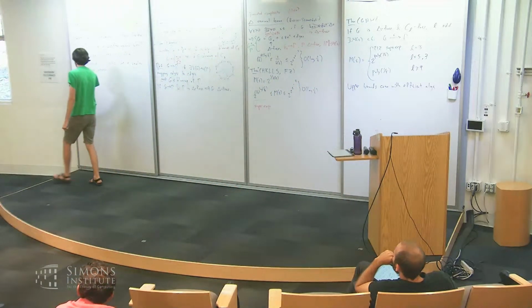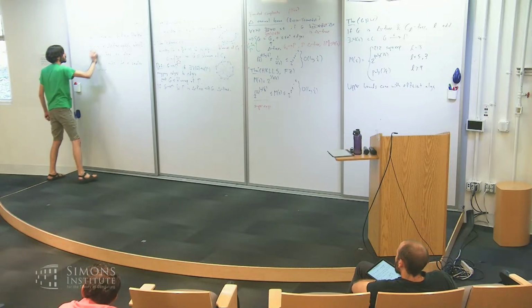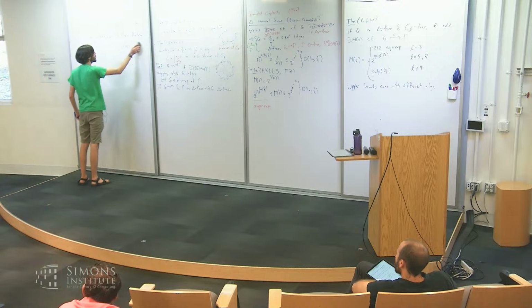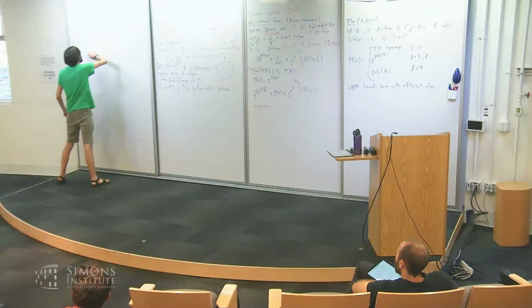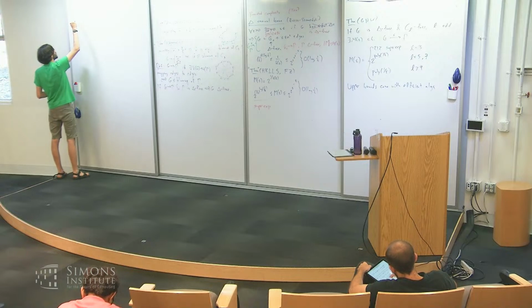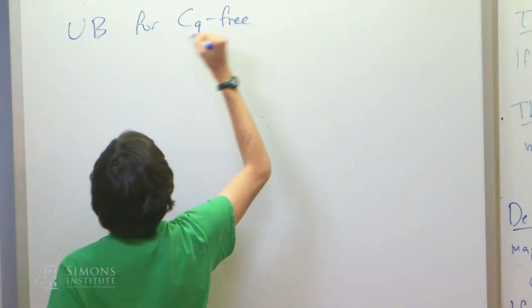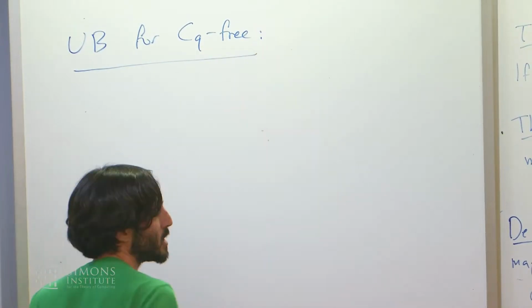Let me just, at an extremely high level, show you the proof sketch for why excluding C9 is helpful. I just want to show you basically the upper bound for C9, which I hope will also explain what's special about 9.